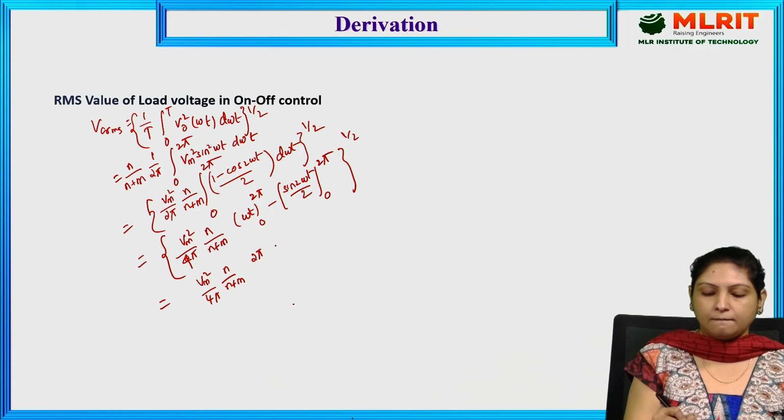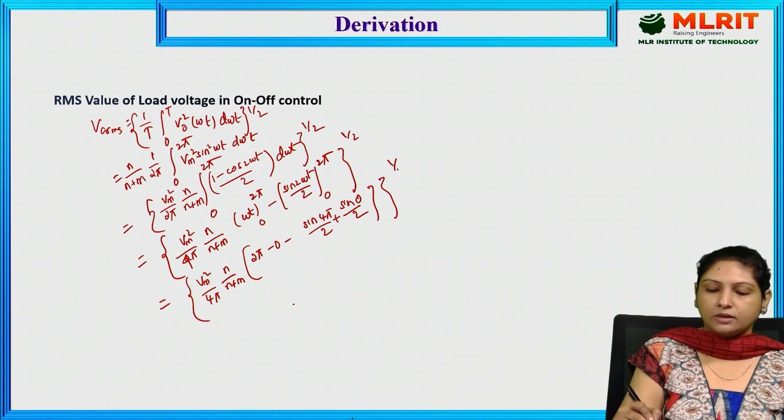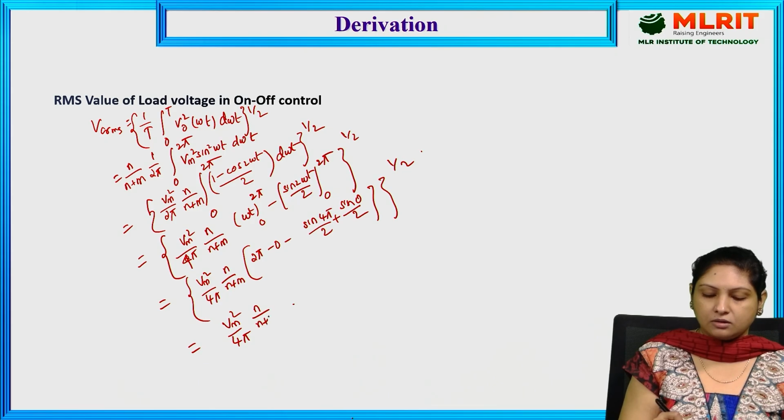After substituting the limits, we get 2 pi minus 0, minus sine of 2 into 2 pi, which is sine 4 pi by 2, plus sine 0 by 2, whole to the power of 1 by 2. After simplifying further, we get 2 pi, and these two terms are 0, whole to the power of 1 by 2.